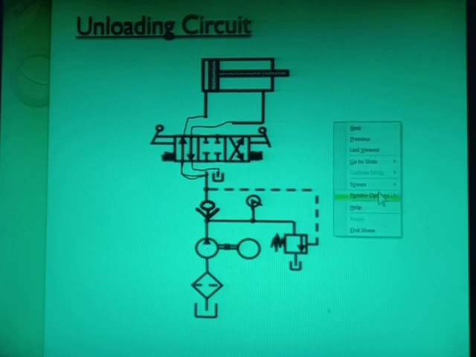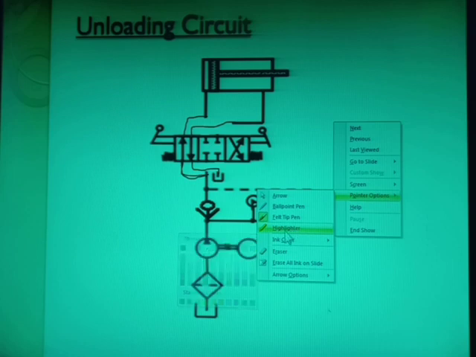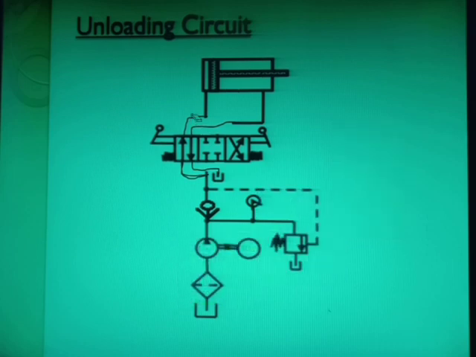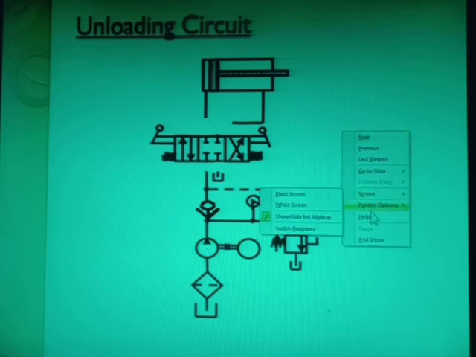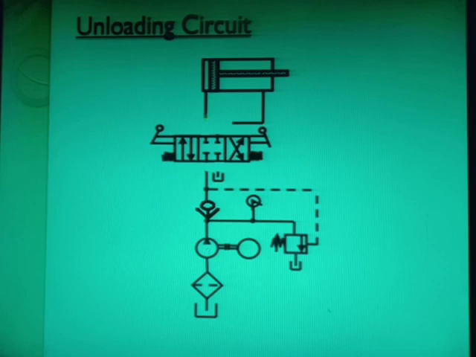Now suppose I change to position number 2, this position. So what will happen in case of the second position of the direction control valve? Suppose I connected this, right? I connected this.